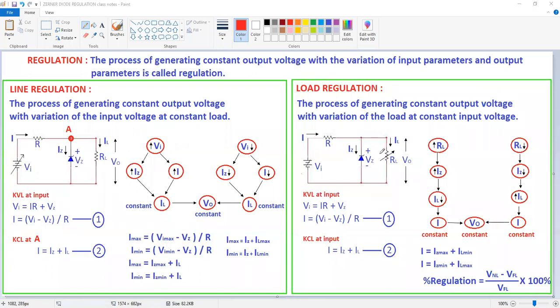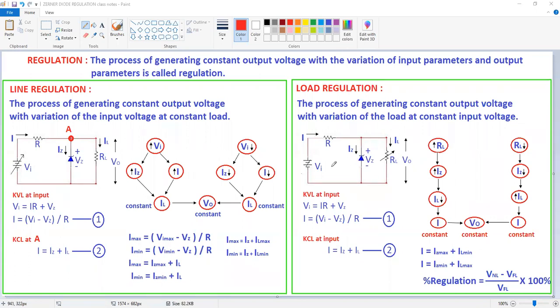See here, the output voltage is maintained constant by varying the output parameter at constant input voltage. The process of generating constant output voltage by varying the output parameter while the input parameter is constant is called your load regulation.